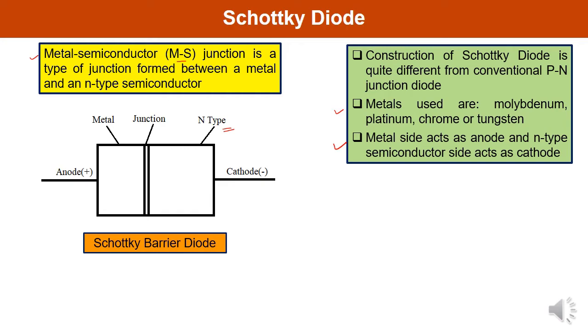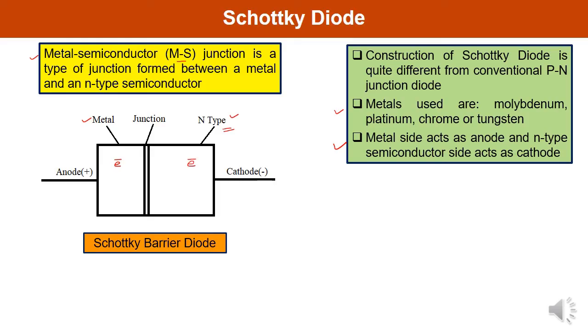Now let us understand the working operation of a Schottky diode. How actually it works. You know that in the metal, which acts as an anode, and in N-type semiconductor, which is acting as a cathode, electrons are the majority charge carriers. Here also electrons are majority charge carriers.